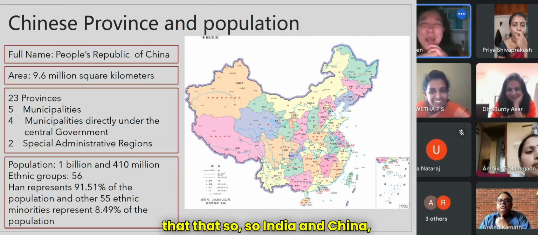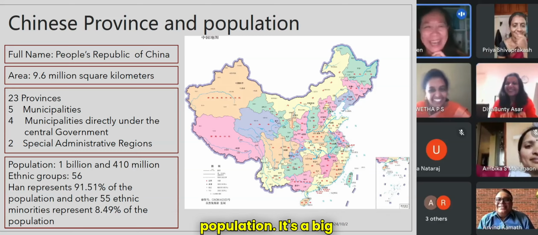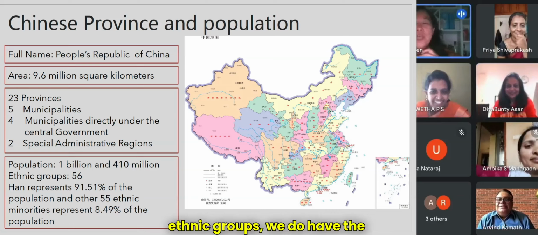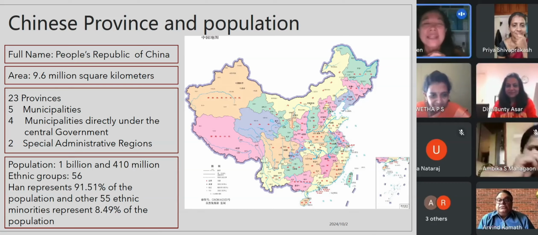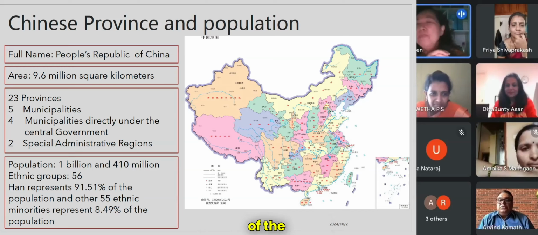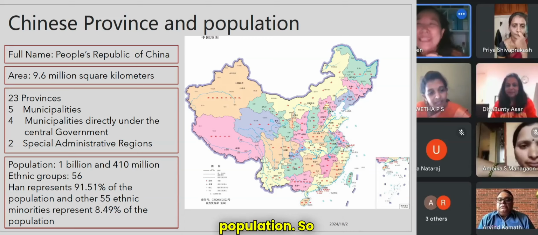I think India and China have a common point like this: a big population. And as for ethnic groups, we have 56. The Han group represents 91.51% of the population. That's a big population.